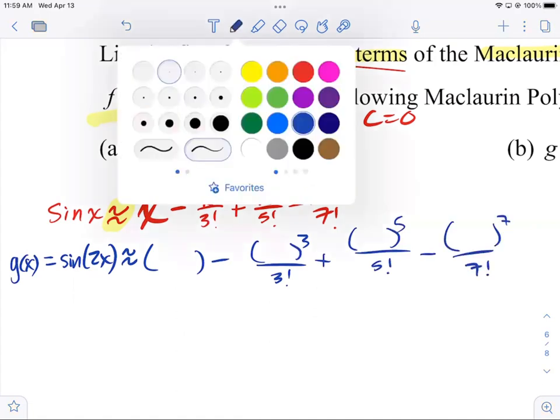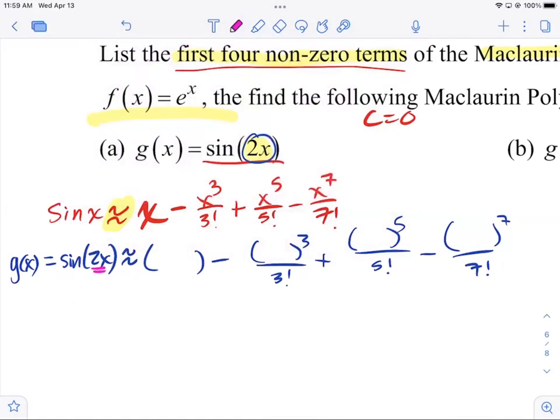And what am I going to plug in where I left the blank? 2x, 2x, 2x. And guess what? That's it. That is the 7th degree Taylor polynomial.